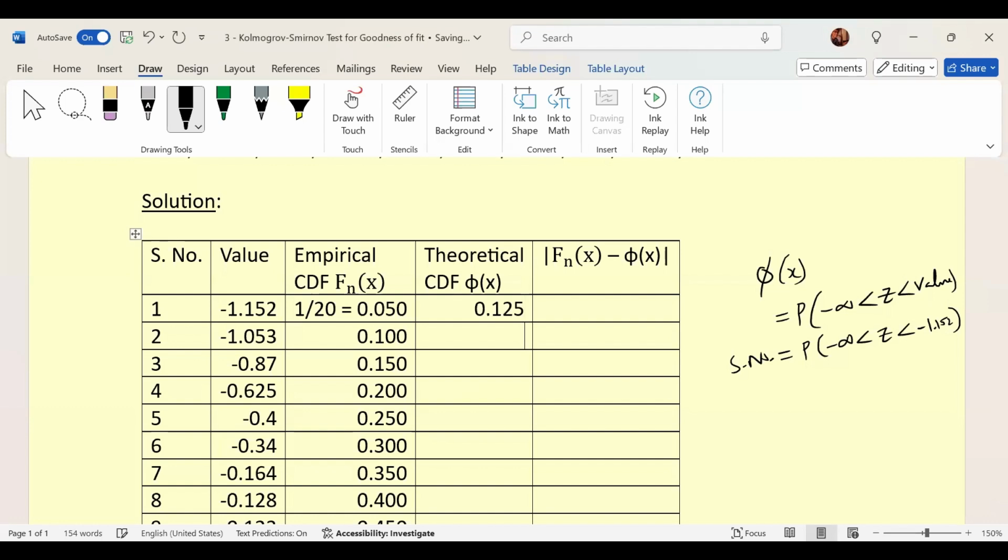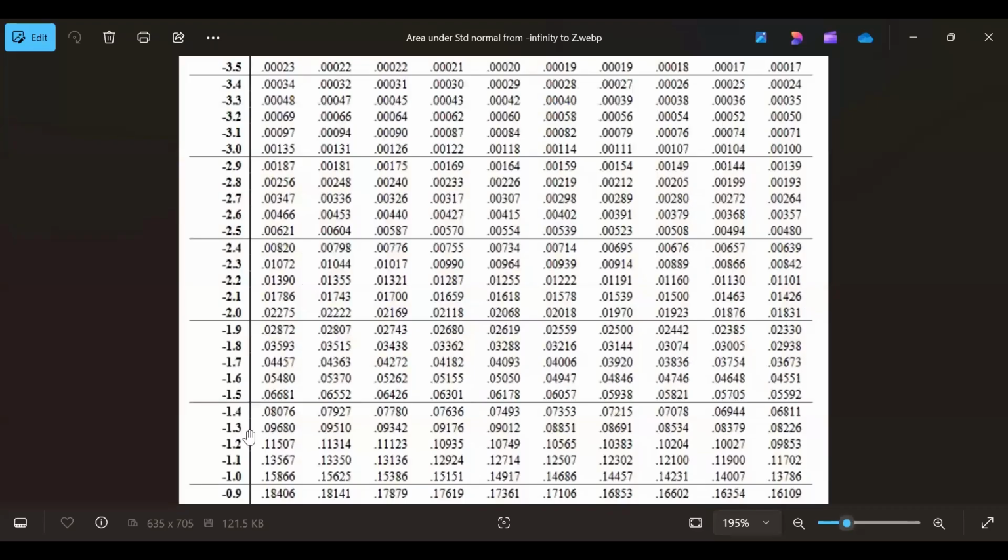Similarly, for the next one, negative 1.053, we check the same table: negative 1.05, which gives 0.146, that we will consider.